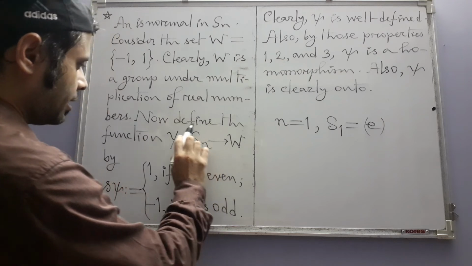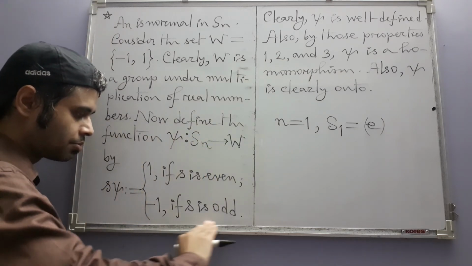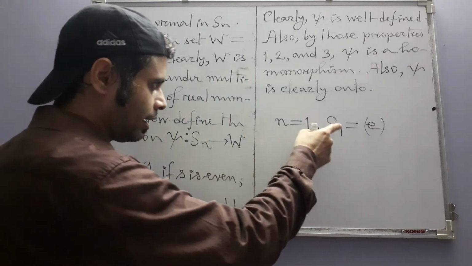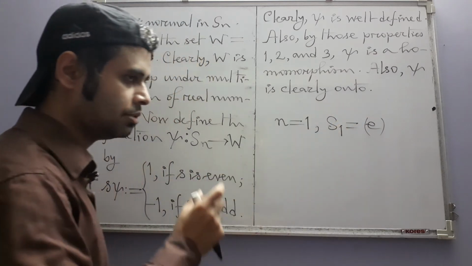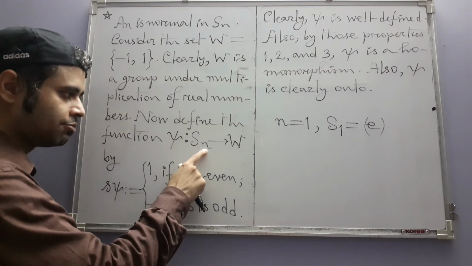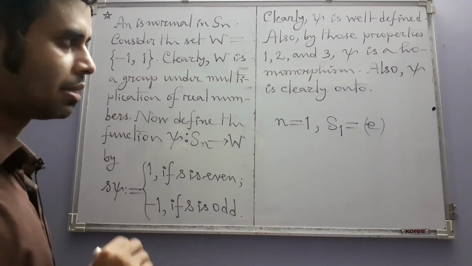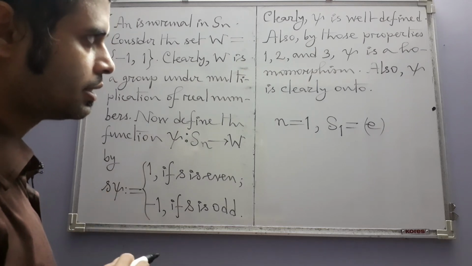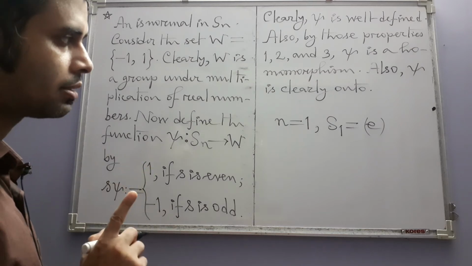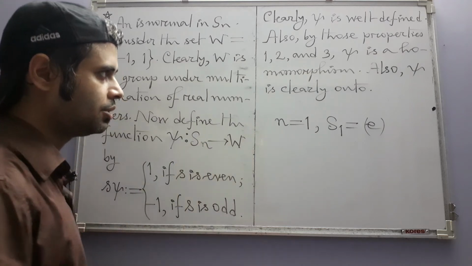If you have this S1 here, then this part is not present, because the only small s that you have in this group is the identity, which is even. Okay, so in this single case, if n is 1, psi will not be onto. But that single case is of course a degenerate case and something which is ignored. Okay, it's just one case. For all other cases, psi will clearly be onto.